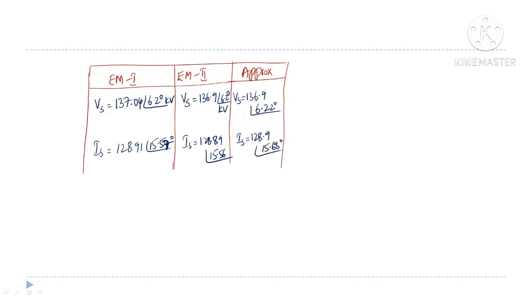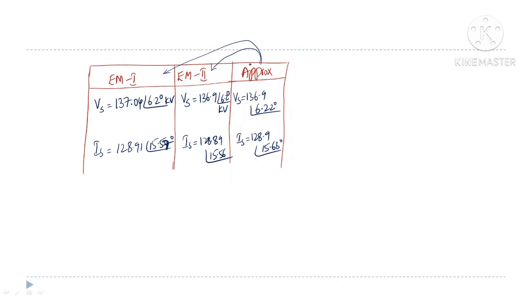Okay, so if you observe all the three values 137.0, 136.9, 136.9, there is not much difference you can observe. And if you see the angles 6.2, 6.2, 6.22, just a very small difference. And this approximate method gave fairly accurate results compared to the exact method.